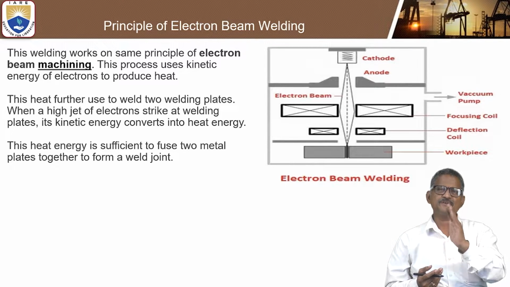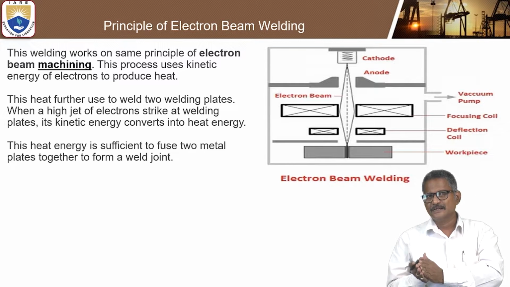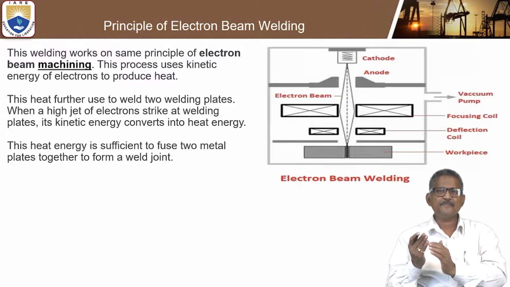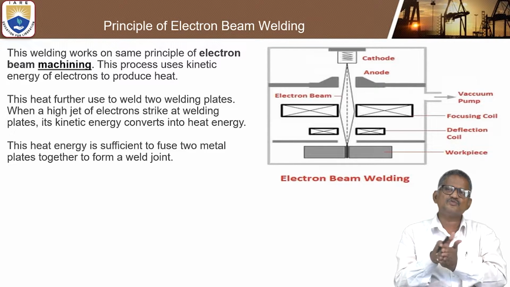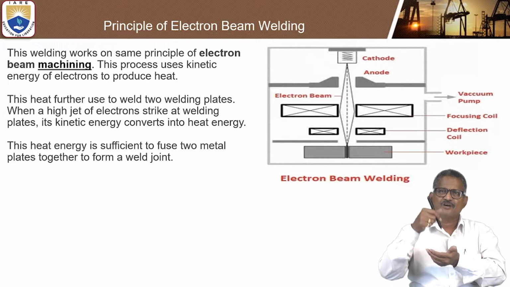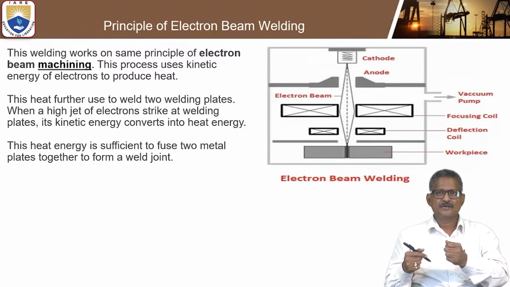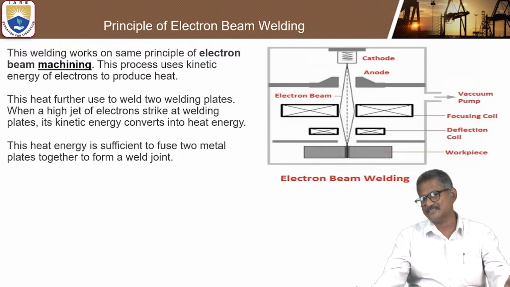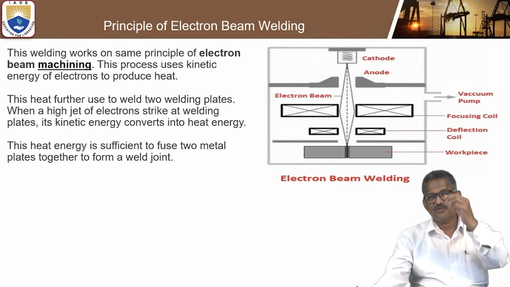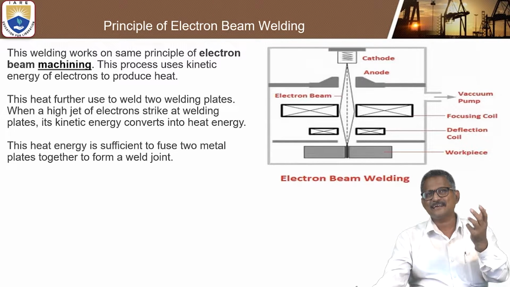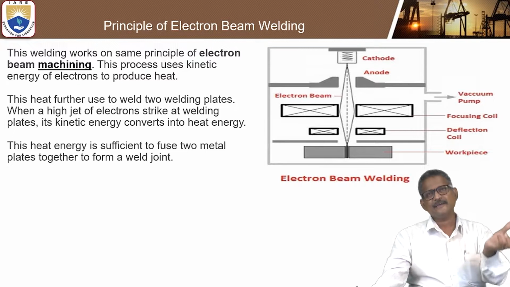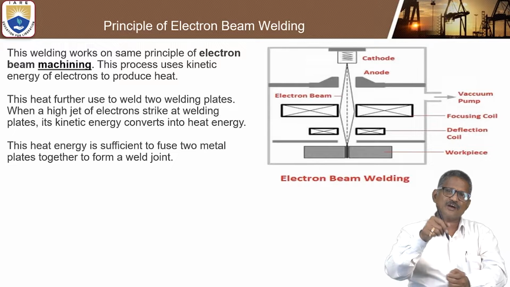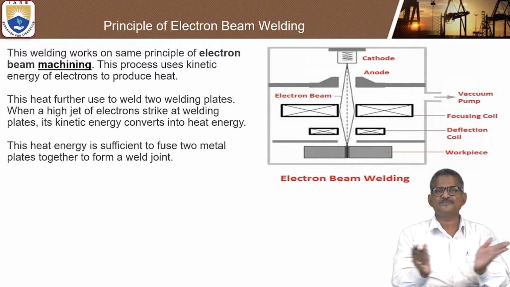The basic difference is that machining removes material from the workpiece, whereas here, in fabrication, you join the two pieces with focused electrons. This process uses the kinetic energy of electrons to produce heat. Due to the heat, the focused material can be joined together.